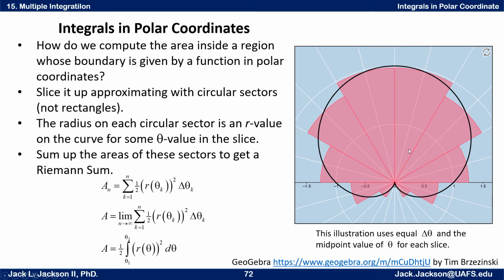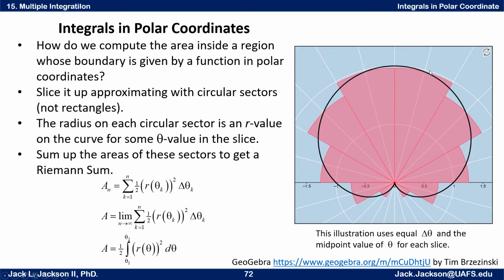In between those two is your theta for that kth slice. Take the r value there. Now this picture over here uses all the delta thetas the same. It's not absolutely necessary, but like we did with rectangles in Riemann sums back in Calculus 1, it's often useful to let them be the same just to make it easier, but it's not absolutely required.